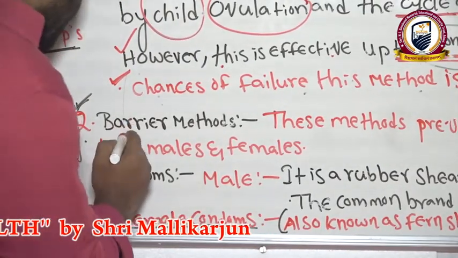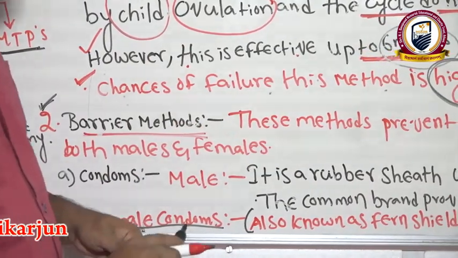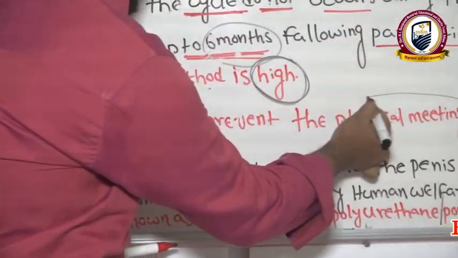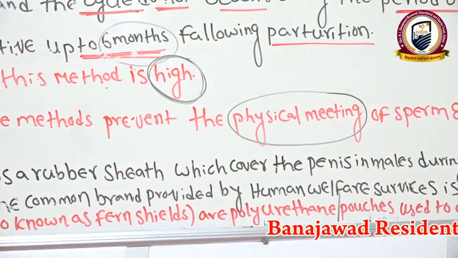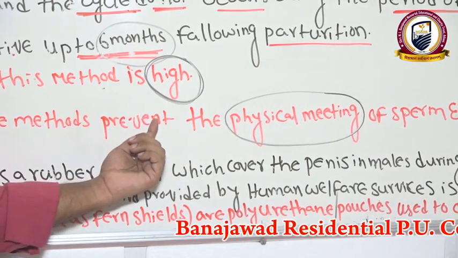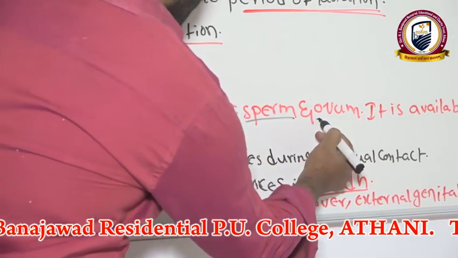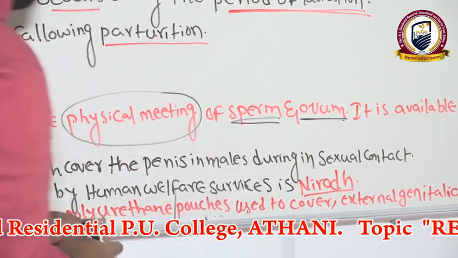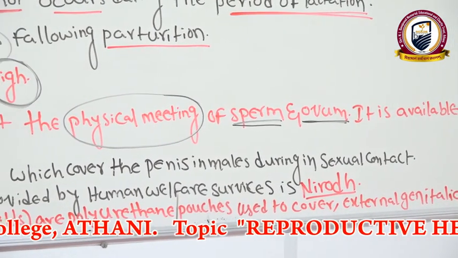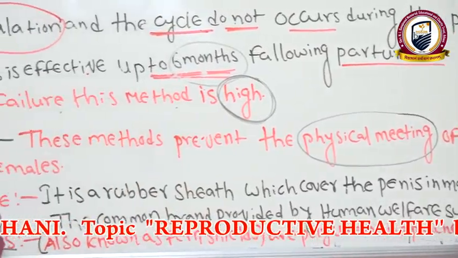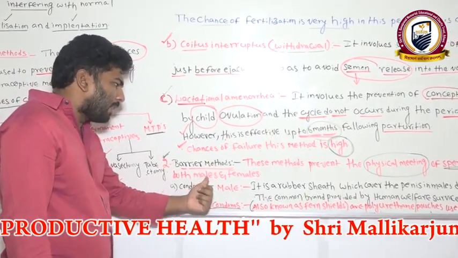Now we can see that these barrier methods prevent the physical meeting of sperms and ovum. The principle of working of barrier methods is that they prevent the physical meeting of sperm and ovum, so obviously we get rid of pregnancy.